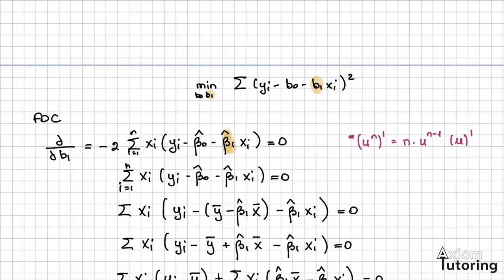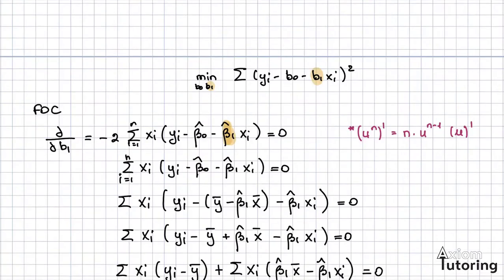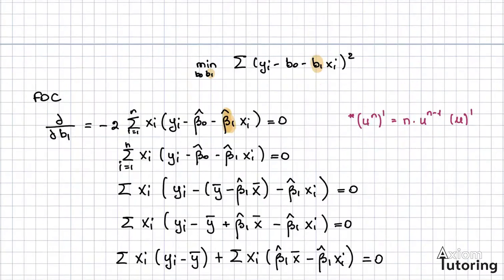Okay? The first step is exactly the same one as what we saw with the first order condition for the beta null hat. So we've used the power properties on the derivatives. So the 2 has gone in front, and the minus in here is coming because obviously being that it's with respect to B1 in here, we have a minus that is going to go in front of the summation operator.